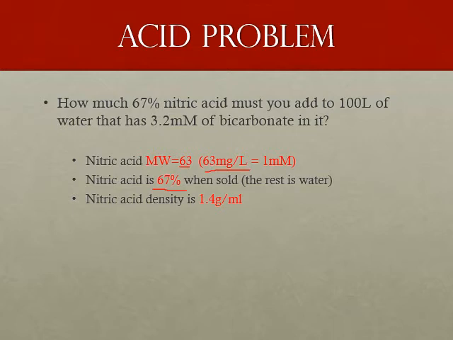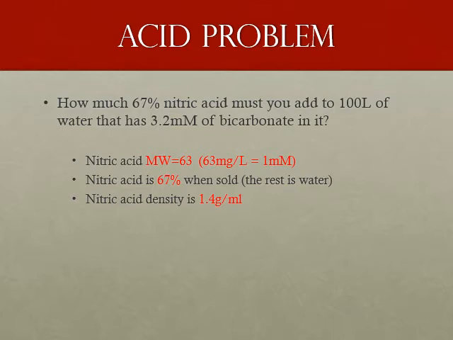The other thing we need to look at is the density of the acid. That helps us understand how much we need to measure. Because we're dealing with an impure solution, we need to know how many grams per milliliter we're taking up when we measure it from the stock solution. This will make sense as I walk you through the math.